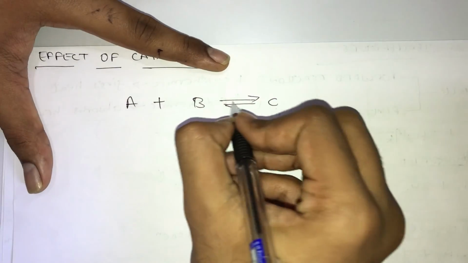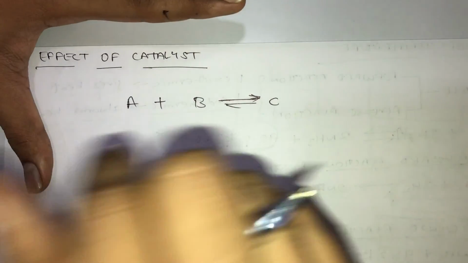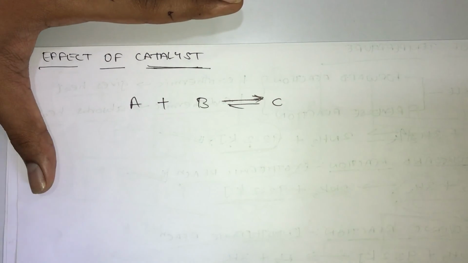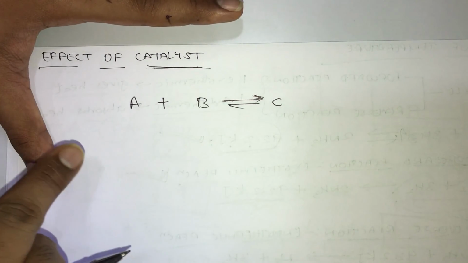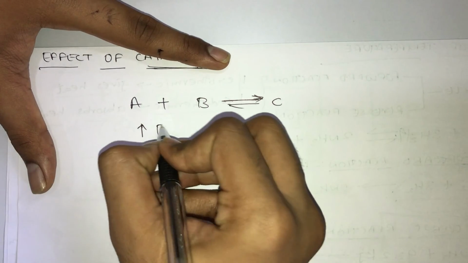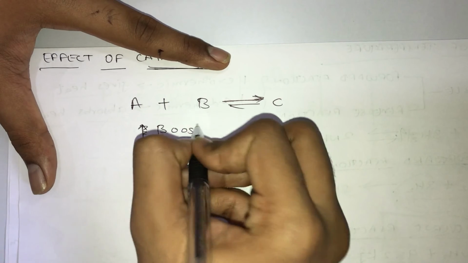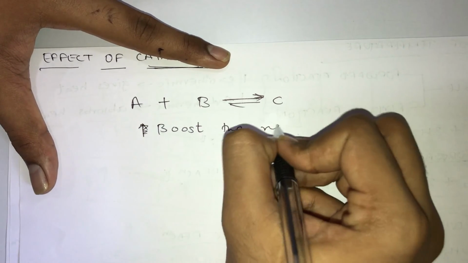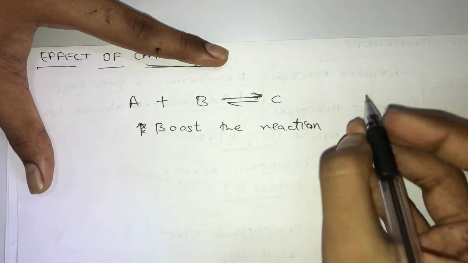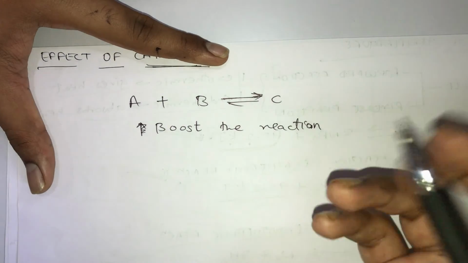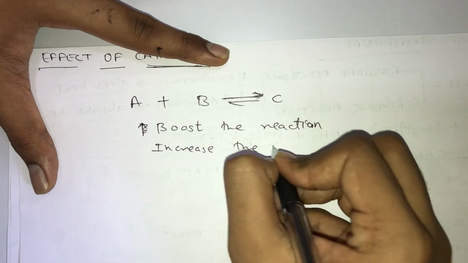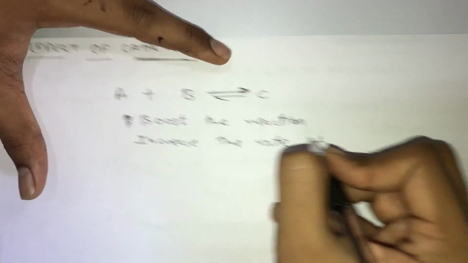Now suppose you add a catalyst to it. When you are adding a catalyst, what is the job of the catalyst? The job of the catalyst is to boost the reaction, which means that it will make the rate of the reaction faster. It will increase the rate of reaction.